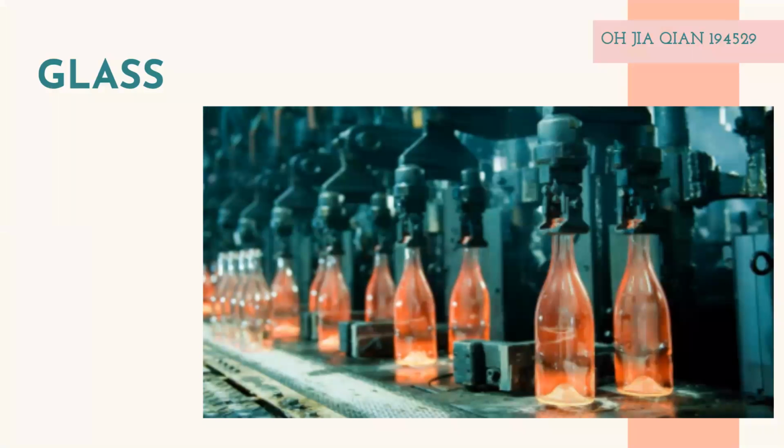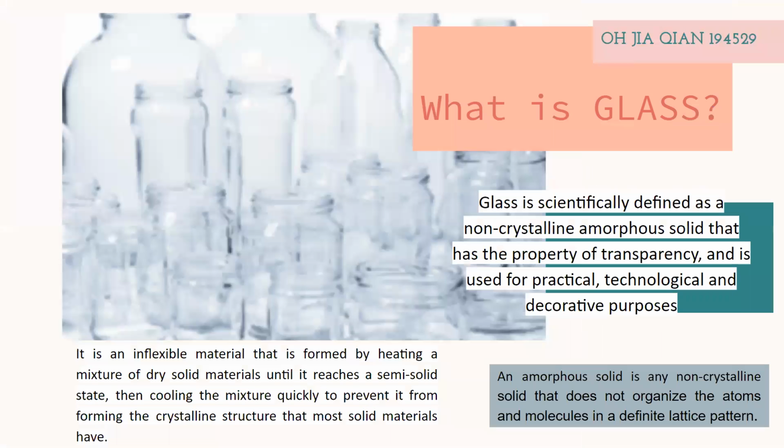Next, you are going to see the glass. So what is glass? It is scientifically defined as a non-crystalline amorphous solid that has the property of transparency and is used for practical, technological, and decorative purposes.